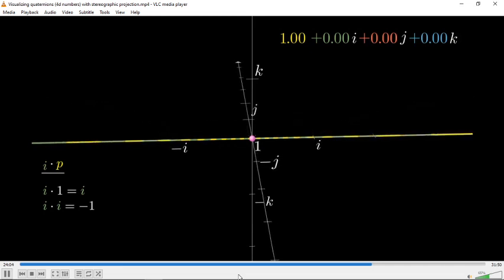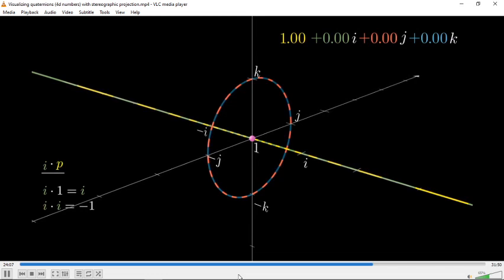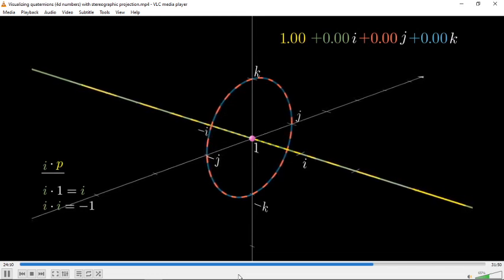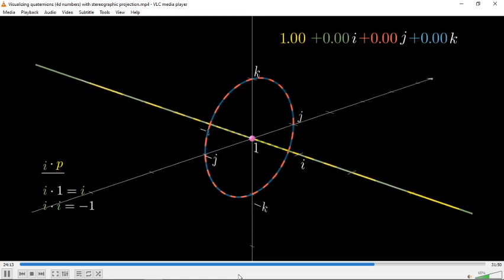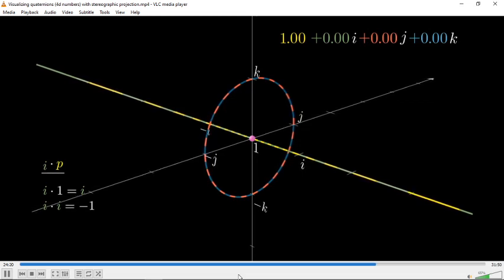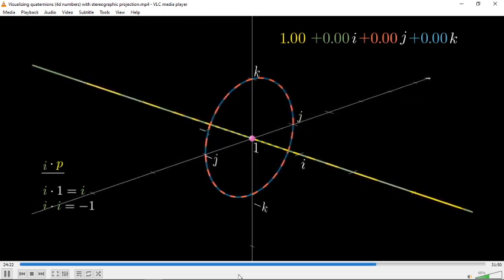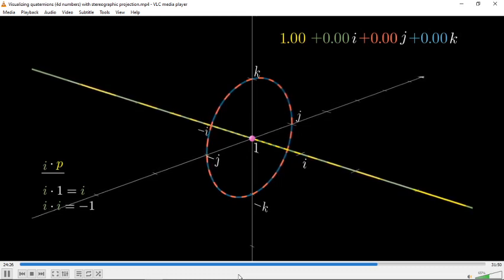Now look at the circle passing through j and k, which is in a sense perpendicular to the circle passing through 1 and i. Now it might feel weird to talk about two circles being perpendicular to each other, especially when they have the same center, the same radius, and they don't touch each other at all, but nothing could be more natural in 4 dimensions. You can think of the action of i on this perpendicular circle as obeying a certain right-hand rule.